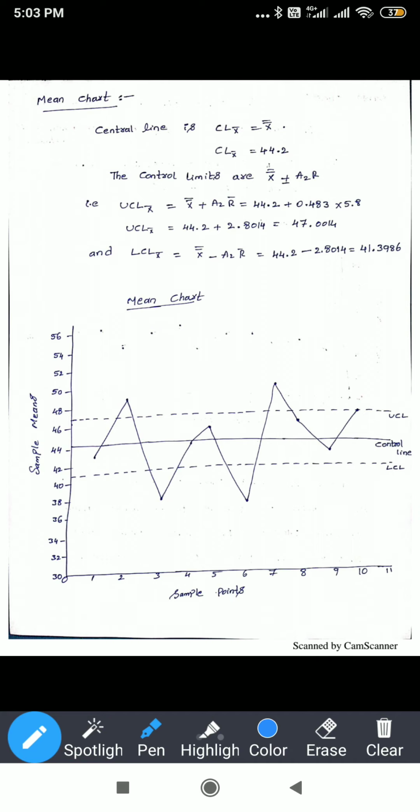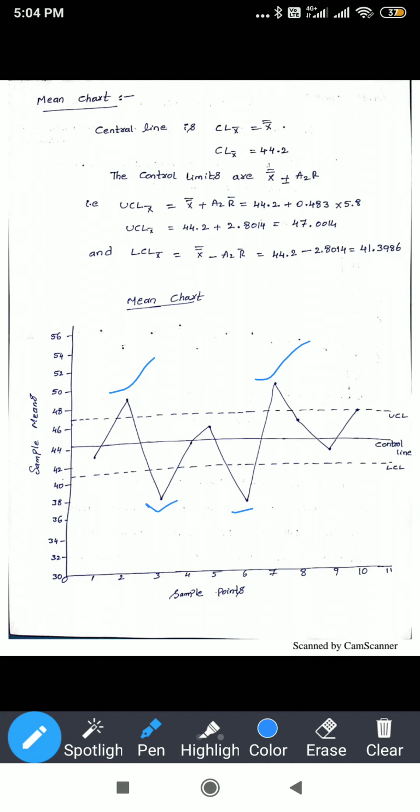Some sample points are outside the UCL and below the LCL. See, these are the points plotted outside the UCL and LCL. So, the process is not under control. That is the conclusion.